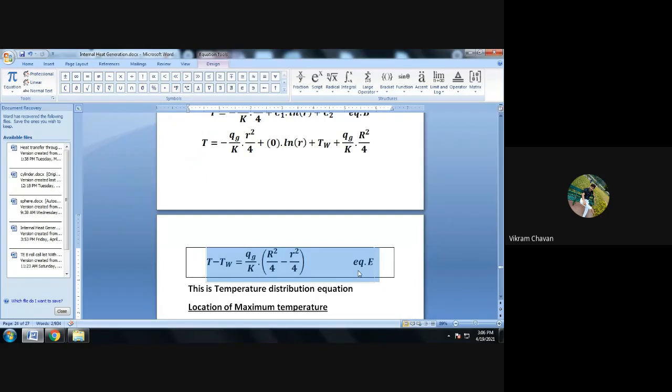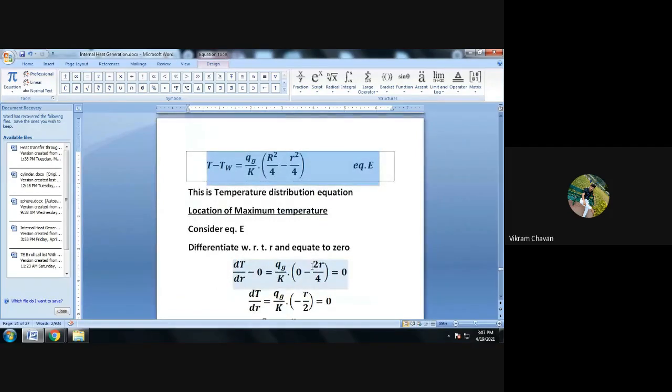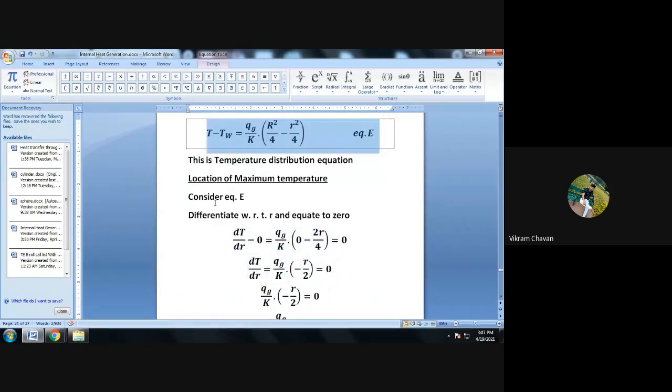Then we will get the equation in the form of Tw, and you have to replace that Tw in this temperature distribution equation and also in the maximum temperature equation. Further part we will discuss in the next lecture. If you have free time at home, you can try this.